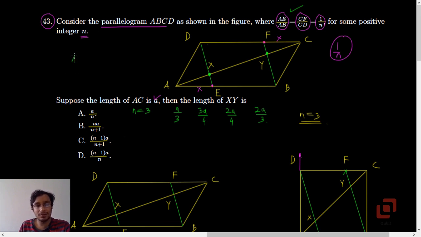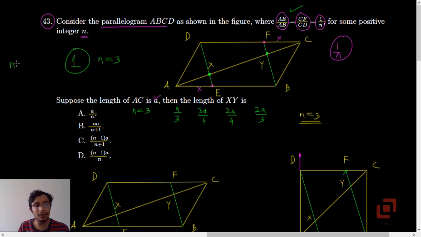Simplification 1 is that I have taken a particular value of n so that the calculations become simpler. So that n is 3, and to pick this value, what you should do is pick n equal to 3 in all 4 options and see whether there are options which give you the identical answer. There might be some of them.